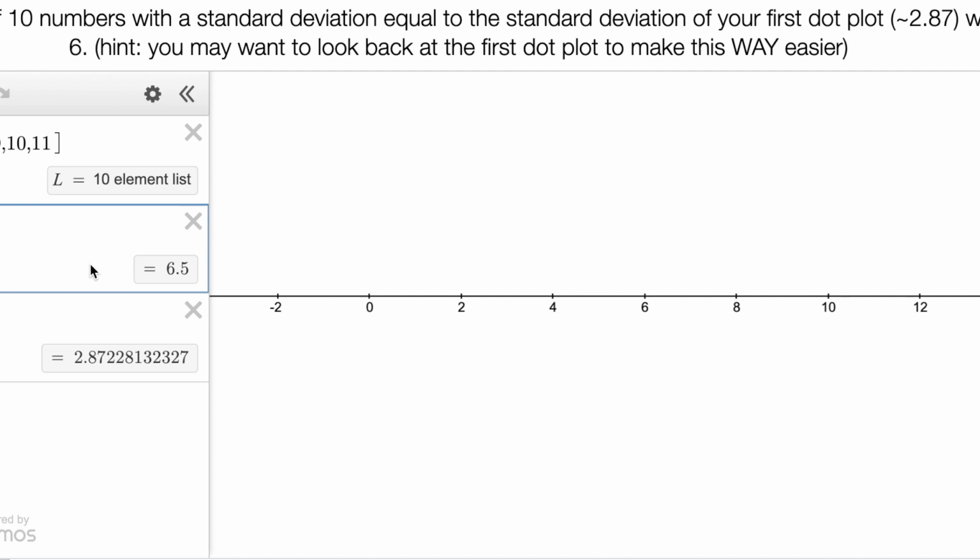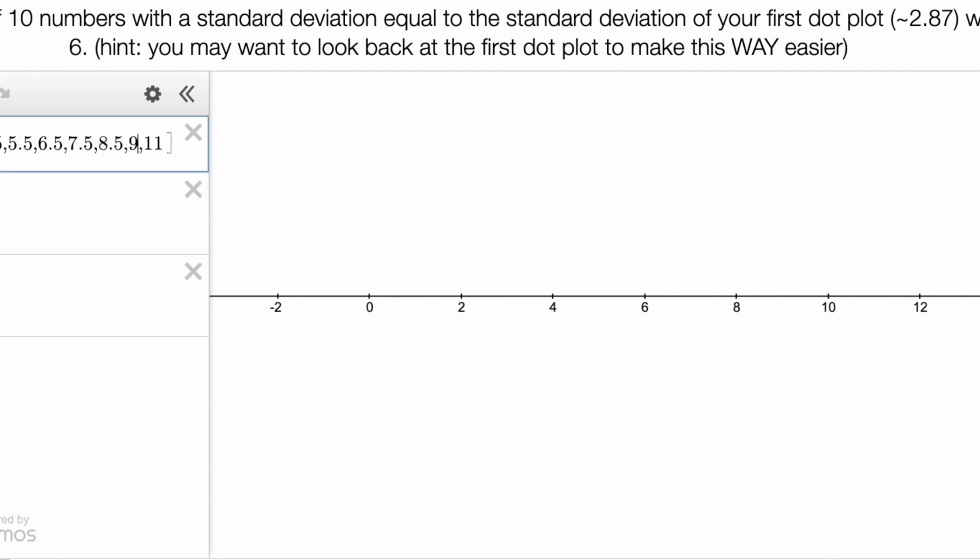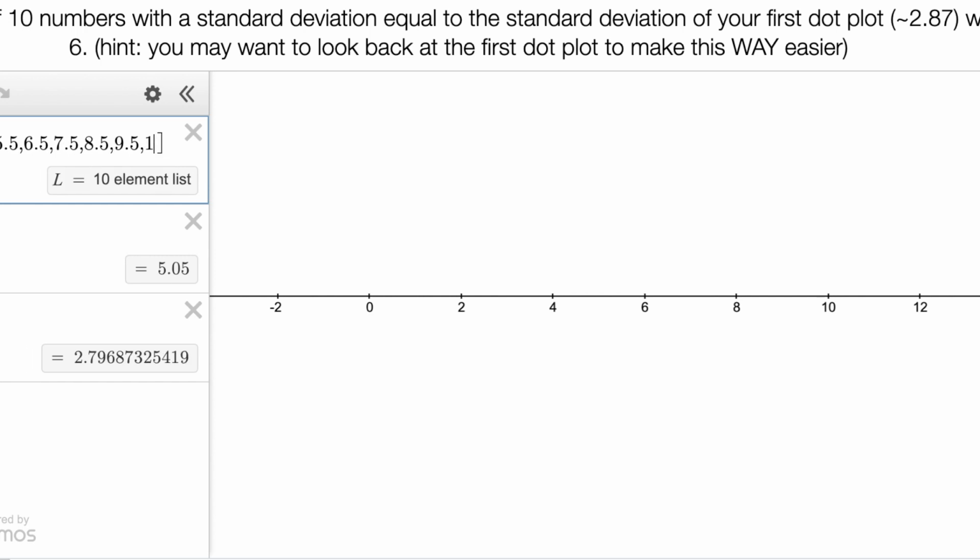So what is in between 1 and 2? We would have 1.5. So let's go back a half. So 2.5, 3.5, 4.5, 5.5, 6.5, 7.5, 8.5, 9.5, and we're going to go back to 10.5, and let's see what happens.